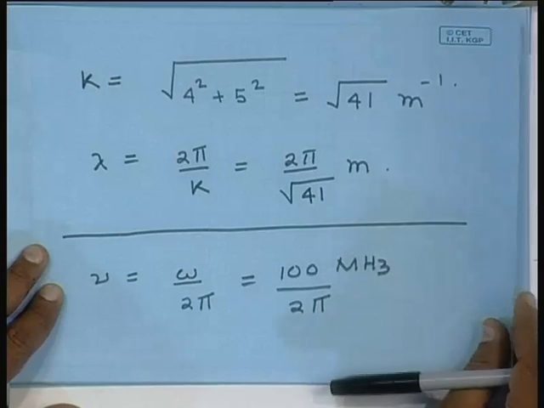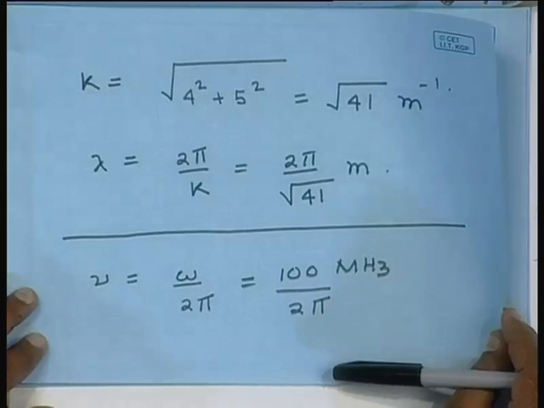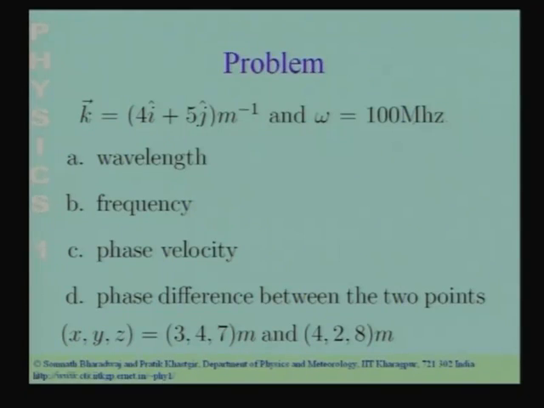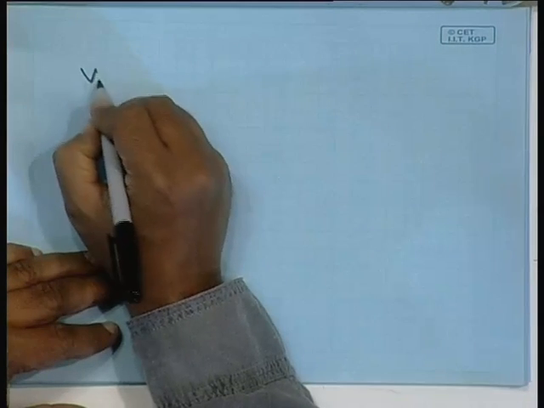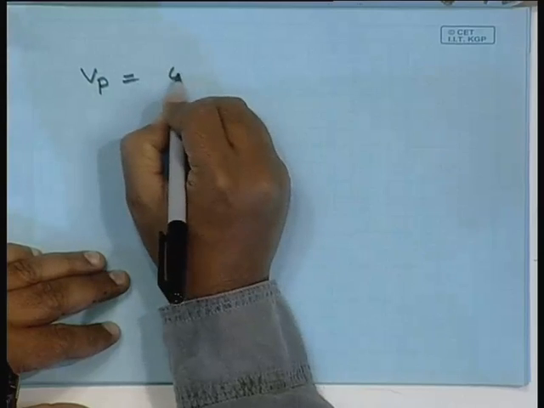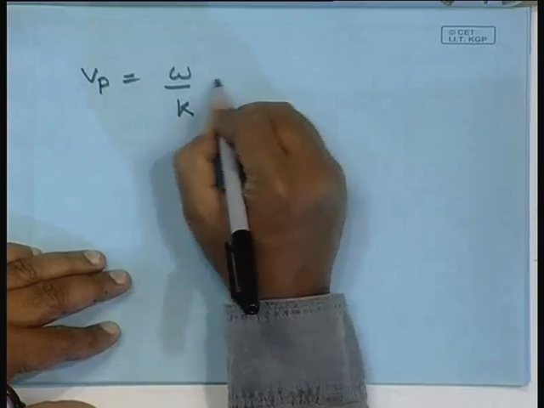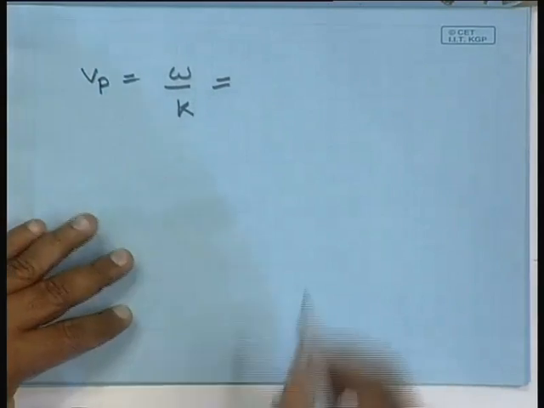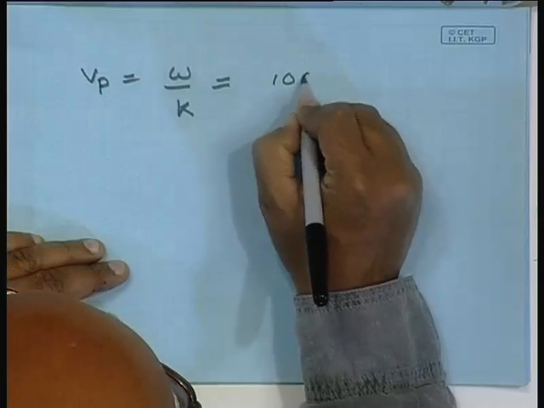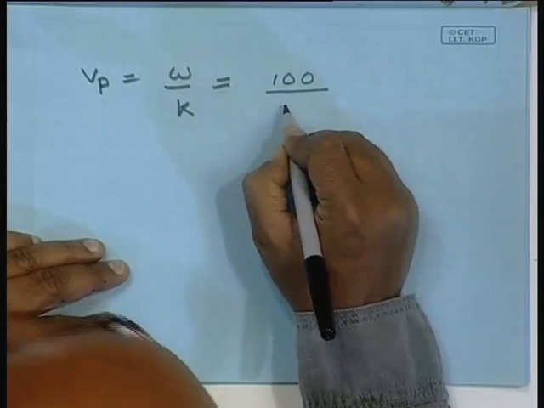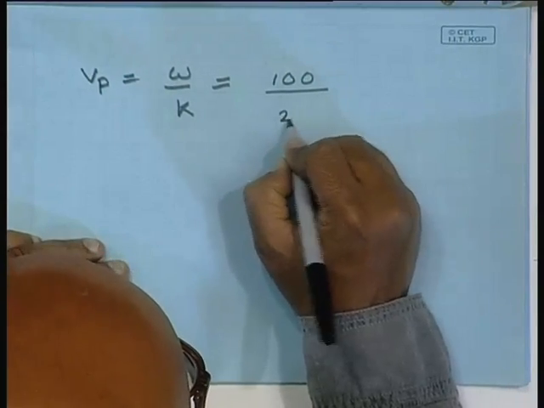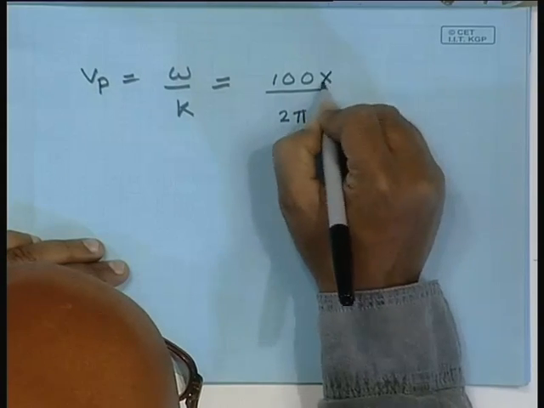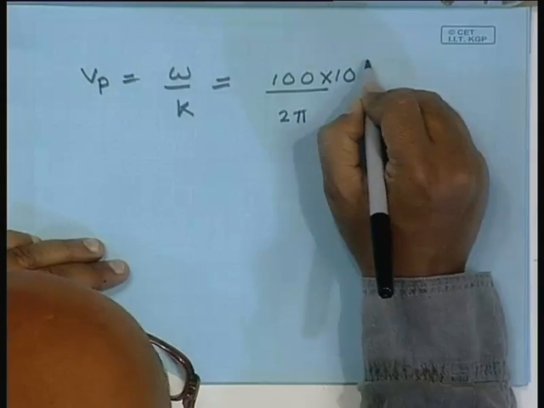Let us now calculate the phase velocity of the wave. The phase velocity is omega by k, and omega has a value 100 by 2 pi, and we can go directly to hertz.